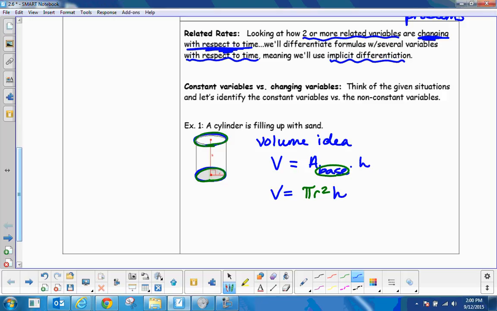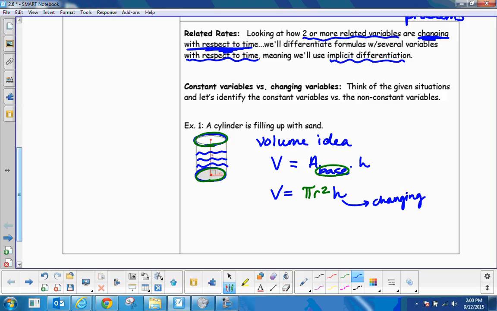In that situation, if you are filling this up, your sand level will rise and rise and rise as you're filling it up. As that happens, you need to decide, do you think the radius is constant or changing every time? Do you think the height is constant or changing? Well, if you're filling it up, the height is changing. Sometimes it's going to be really low. As you move to the top, it's going to be taller and taller.